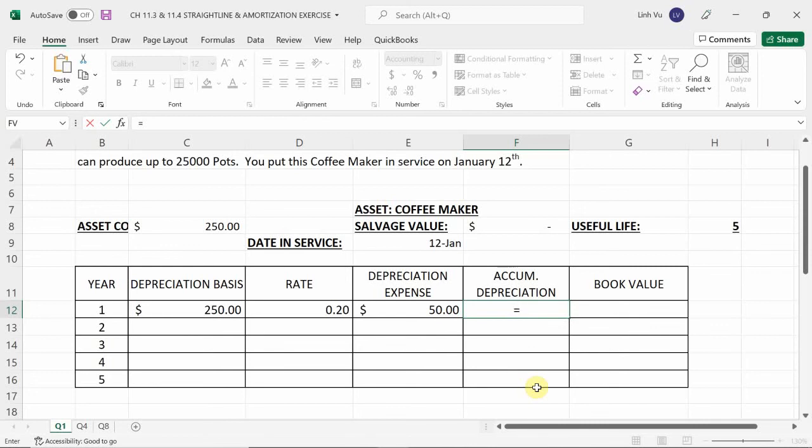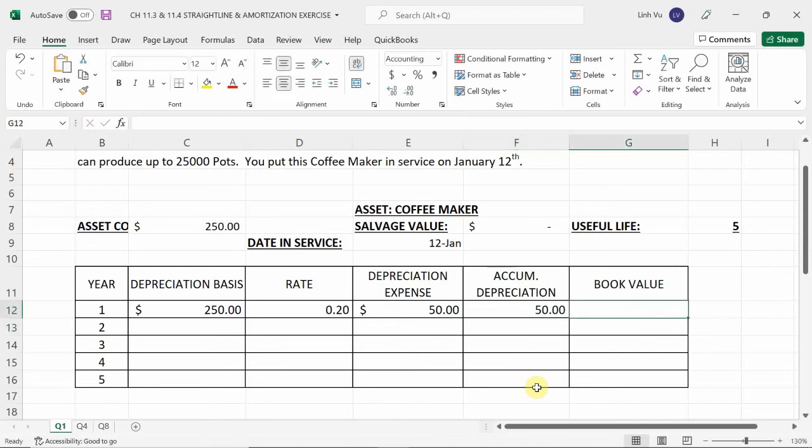We don't have the previous year. Accumulated depreciation is your previous year's accumulated depreciation plus your current year's depreciation expense. Oh, okay. It's going to be 50. It's just going to be 50.